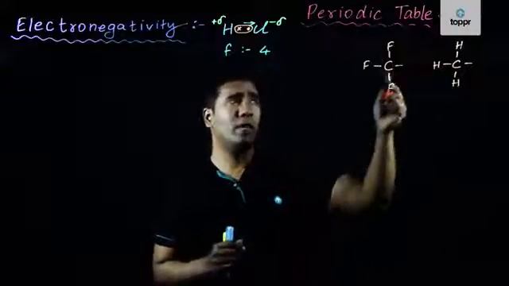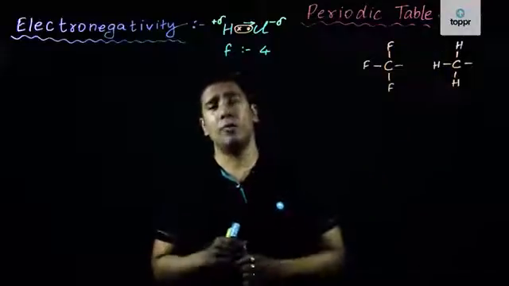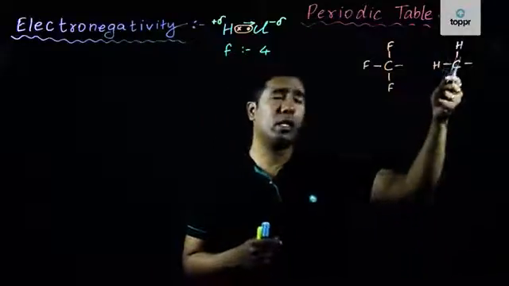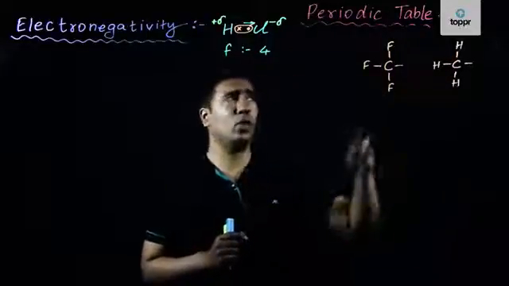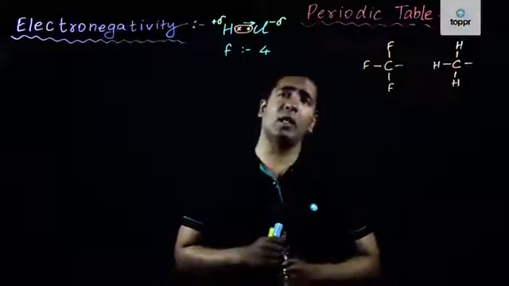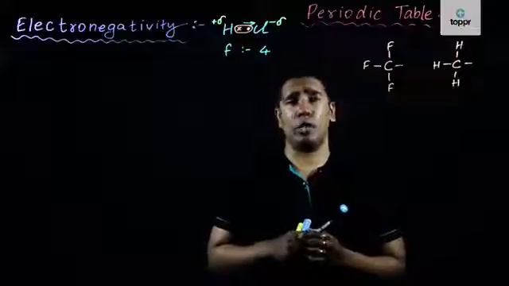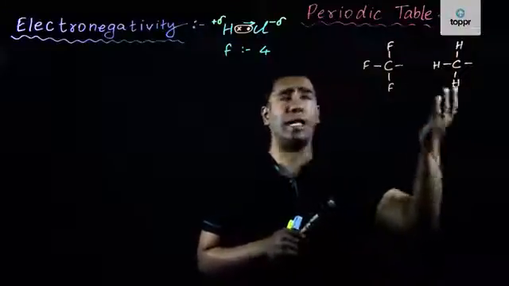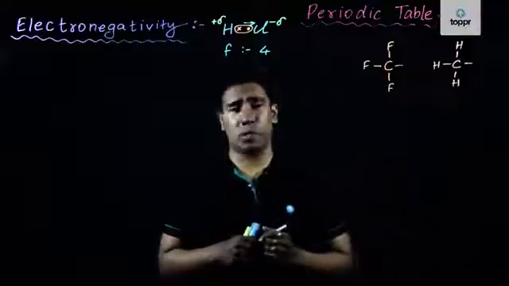Hydrogen and fluorine are in contrast in terms of electronegativities, because hydrogen's electronegativity is 2.05, which is close to 2, and fluorine's electronegativity, according to the Pauling scale, is equal to 4. So there is a huge difference in electronegativity between hydrogen and fluorine. This is an extreme scenario wherein you will be able to understand the difference.